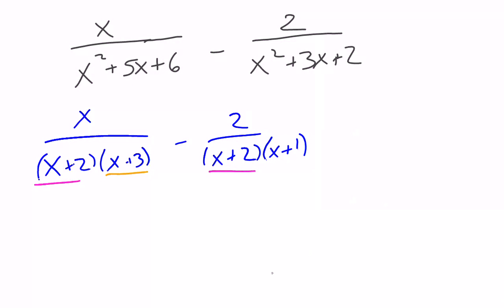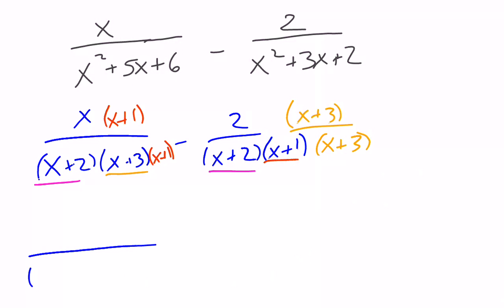Left one has an x plus 3, right one doesn't, so I need to multiply by x plus 3 over x plus 3, which is just 1. And my right one has an x plus 1, but the left one doesn't, so I need to multiply by x plus 1 over x plus 1. So I get this really ugly denominator, x plus 2, x plus 3, x plus 1.